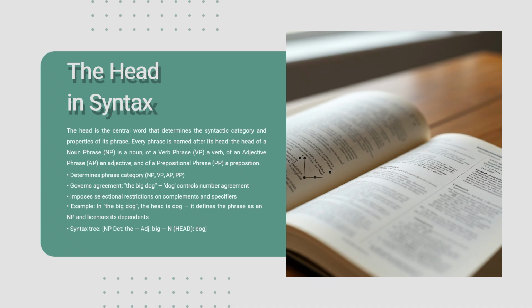For instance, the big dog. In the phrase the big dog, the word dog is the head because it determines that the whole phrase is a noun phrase. The head also controls agreement and determines which elements can appear with it. So we can say that without the head, the phrase loses its identity.